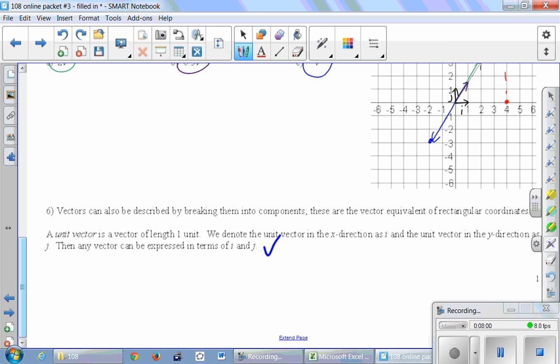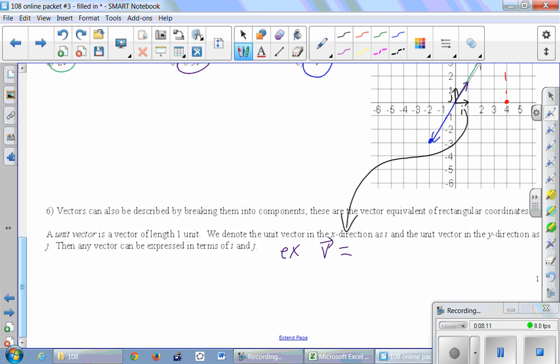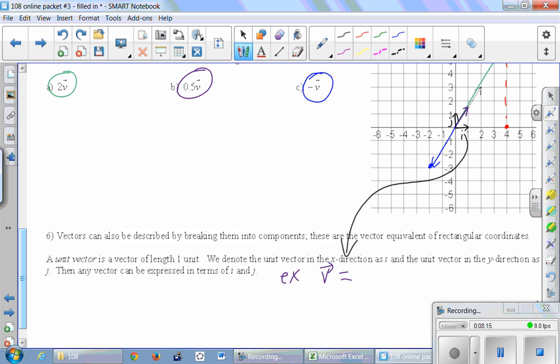Then any vector can be expressed in terms of i and j. So for example, vector v from this picture right here said we were supposed to end up at this spot right here, right? So that was 2 to the right and 3 up.